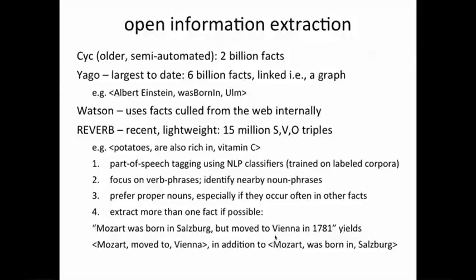Using a combination of supervised learning and unsupervised extraction like Reverb, which is unsupervised in the sense that one is not actually labeling any small fraction of text as SVO, we're just using lower level classifiers for part of speech tagging.